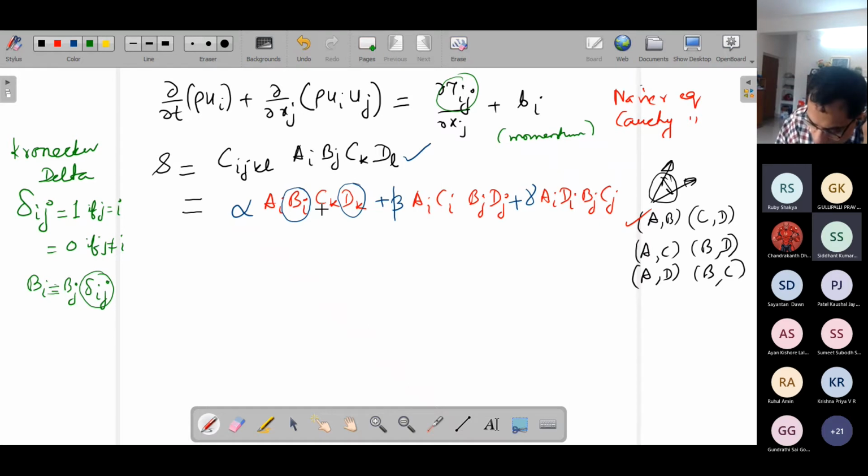In that way, we switch indices by using this Kronecker delta. So we write in the next step: alpha AI, so Bi is Bj delta Ij, then Ck and DL, so Dk is DL delta KL.